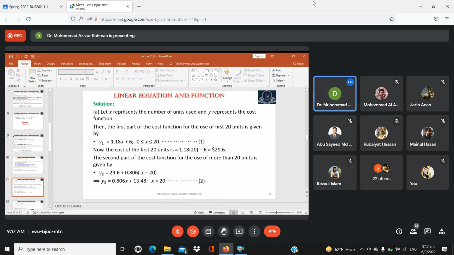First, let x be the number of units and y be the cost function.